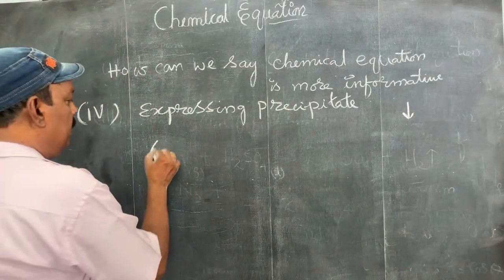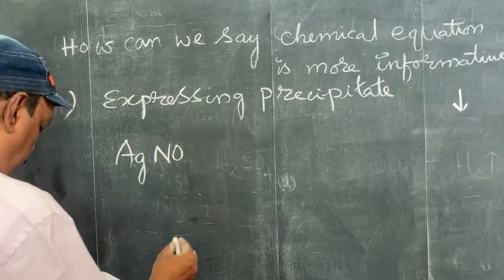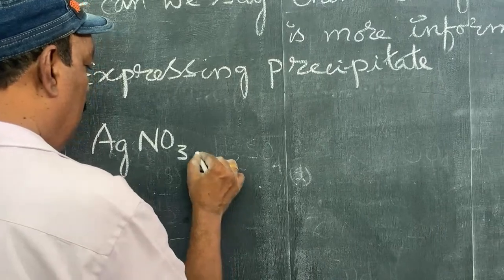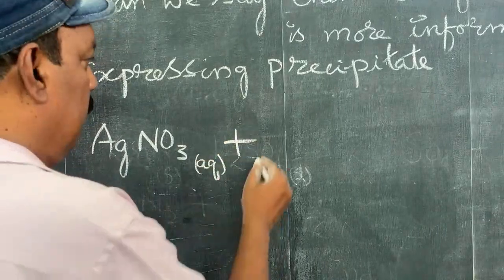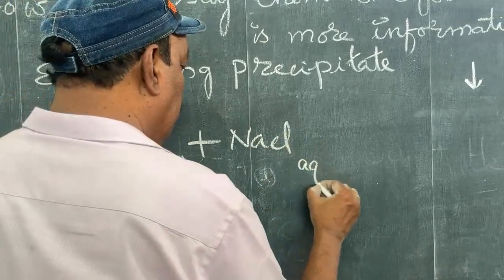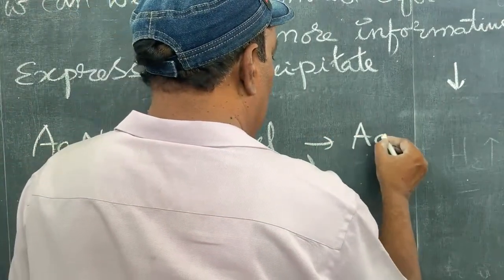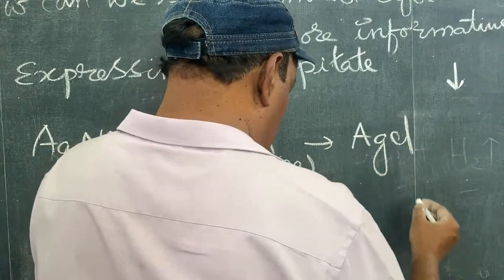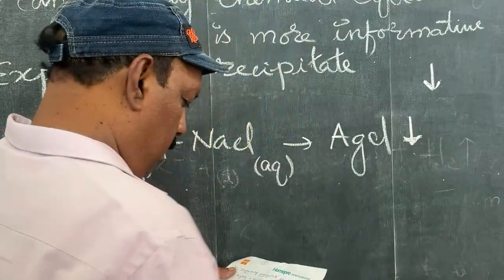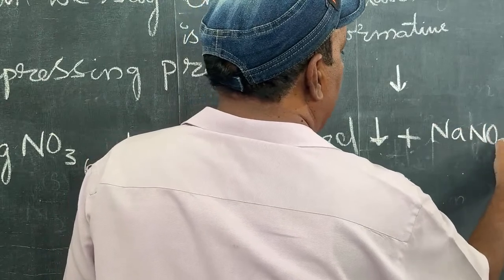I will give one equation here. Silver nitrate, AgNO3, in liquid form, plus NaCl gives rise to AgCl, which is what we call precipitate, along with NaNO3, sodium nitrate.